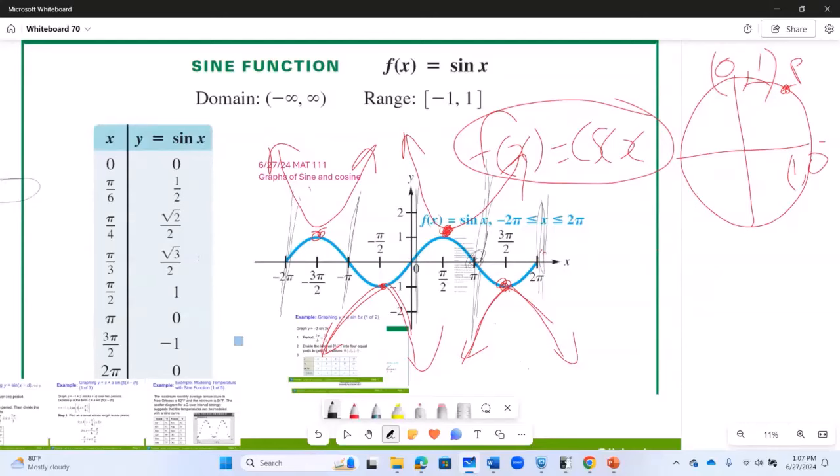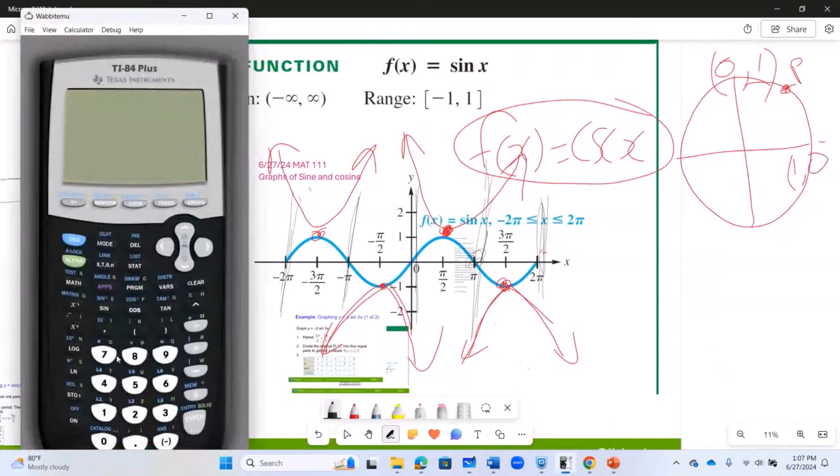So let's get a calculator and graph it. If I'm told to graph cosecant, how would I use my calculator to graph it? This is how I do it. This is cosine here; I'm going to clear it and go back and draw sine again.